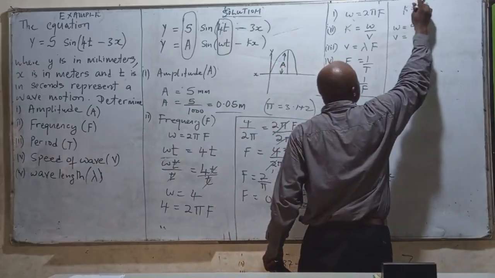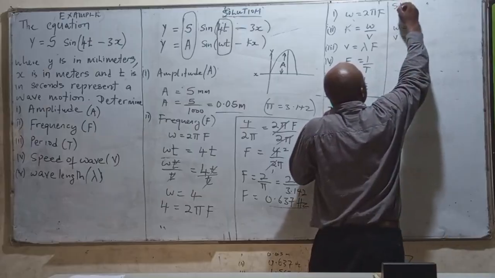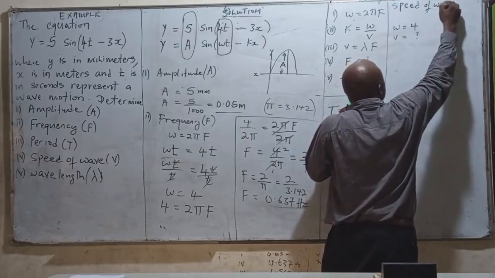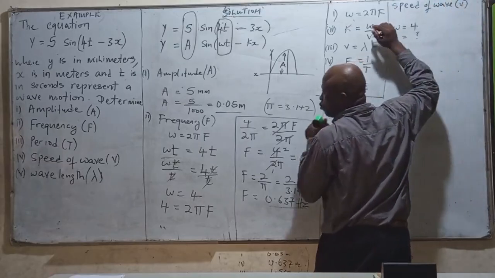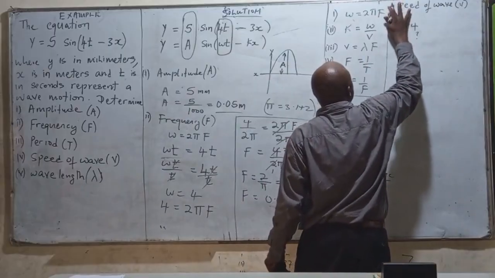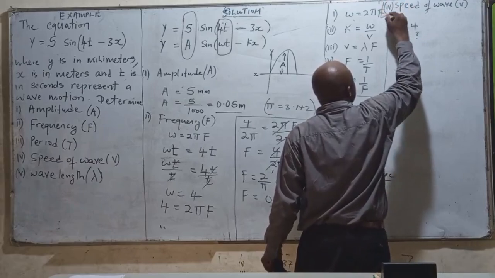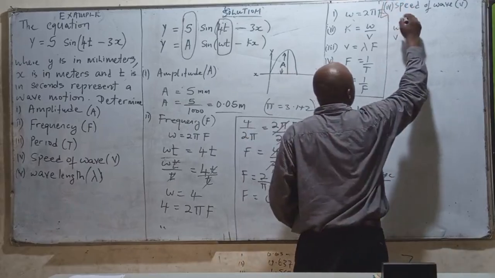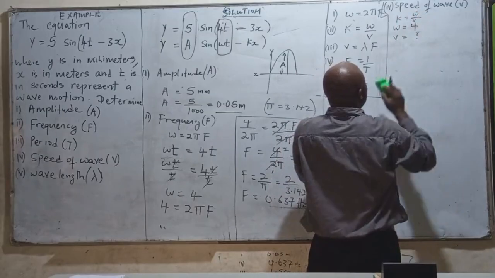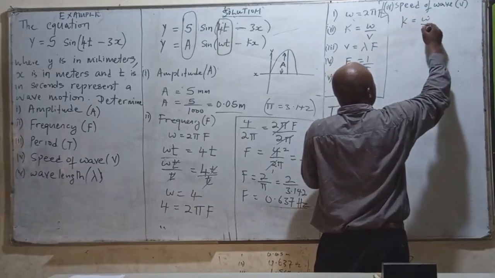So let's write it: speed of wave v, and that's number 4. Again, k is equal to w over v.